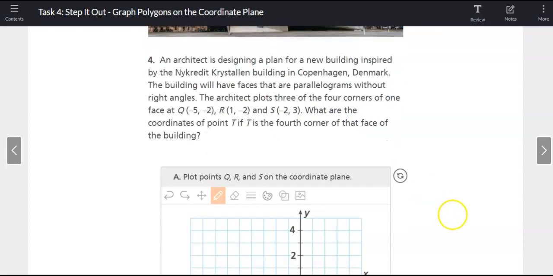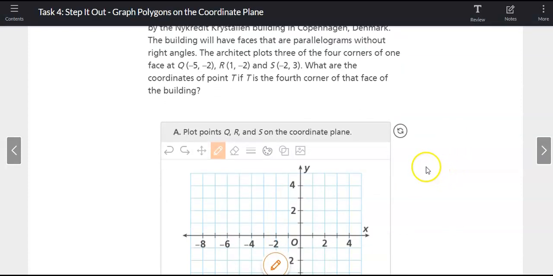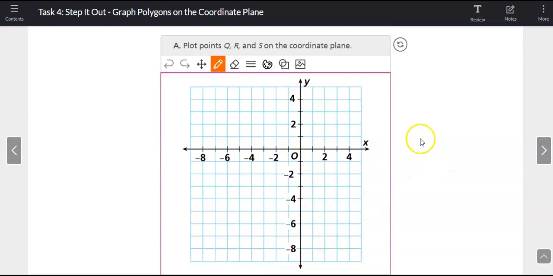The architect plots 3 of the 4 corners of one face. So we have our first one they put on here, which is -5, -2. So I'm going to go to -5, and I fell down to -2. And we are going to label that one Q. Our next one is R. We're going to go to 1, and then we fell down to -2.